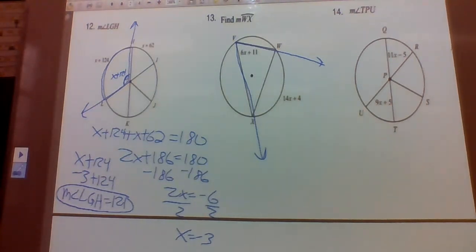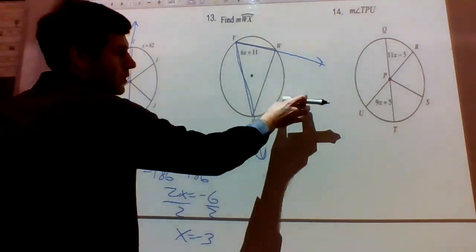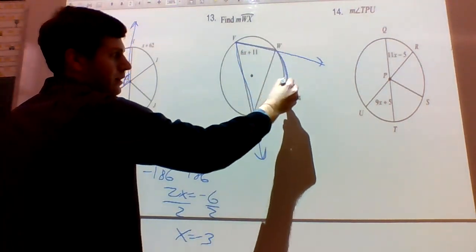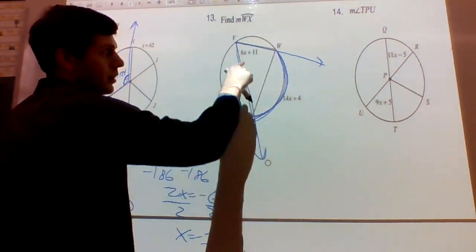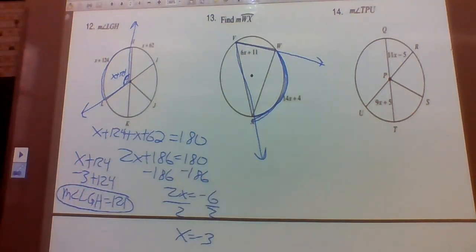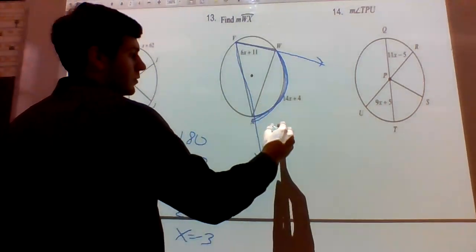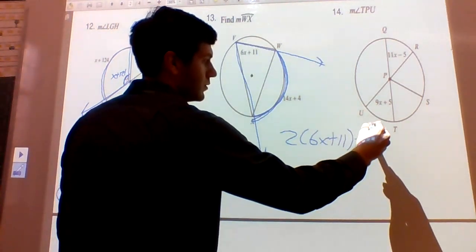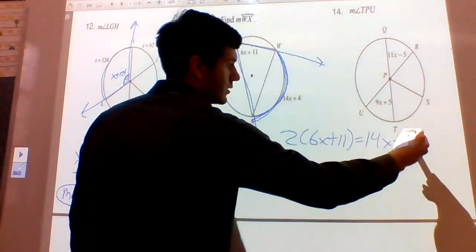The measure of an inscribed angle is half the measure of the intercepted arc. So the arc is twice as large as the angle, and we need to multiply the angle by 2. So we have 2 times 6x plus 11 equals 14x plus 4.